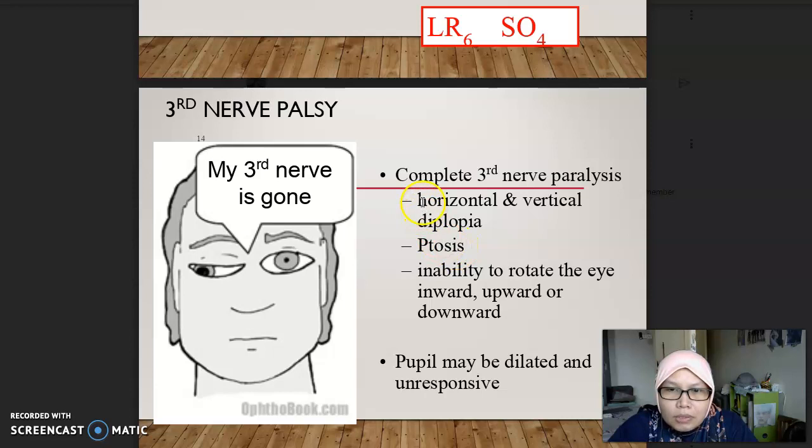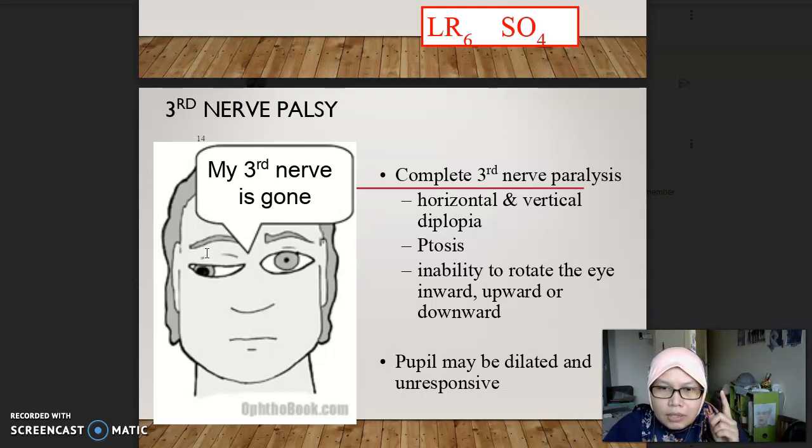Okay, and then there will be horizontal and vertical diplopia, and there will be an inability to rotate the eye inward, upward, or downward. So what will happen to the eye? The only remaining function is the lateral rectus. Okay, so the eye will be out, and the superior oblique will pull the eye down.